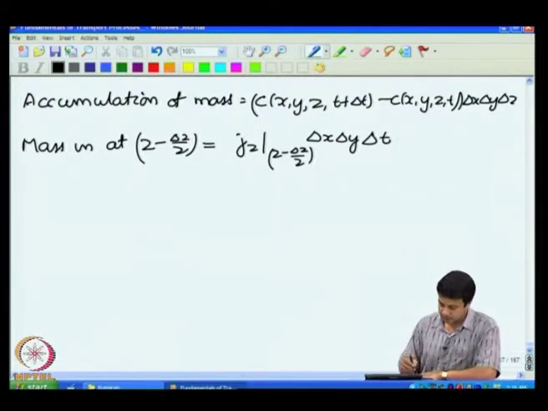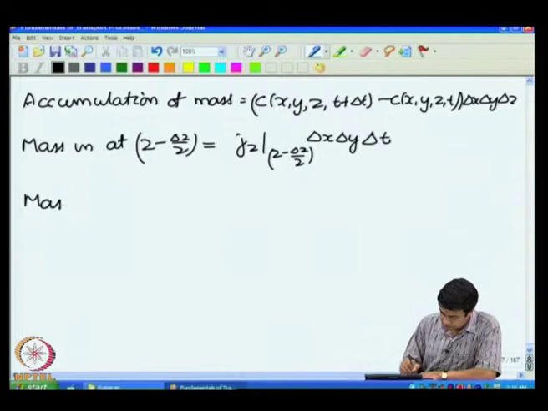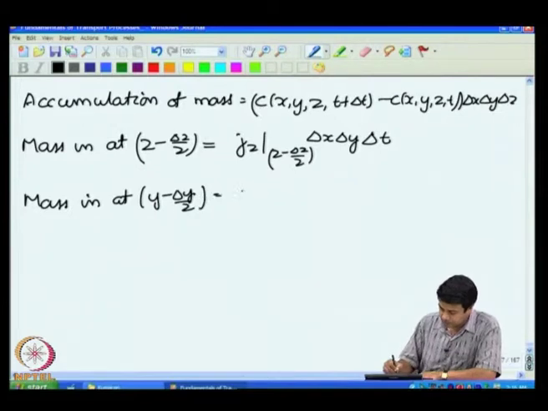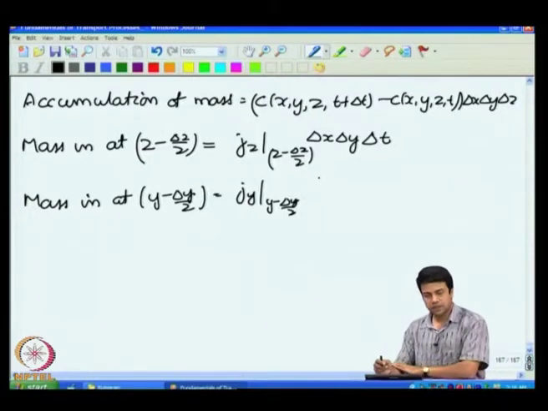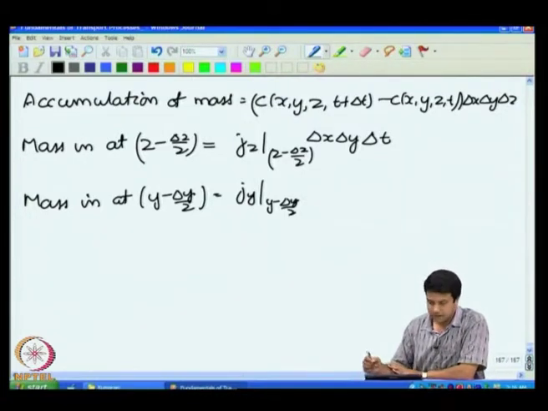Similarly, there is a mass in at y minus delta y by 2 equal to J y at y minus delta y by 2.